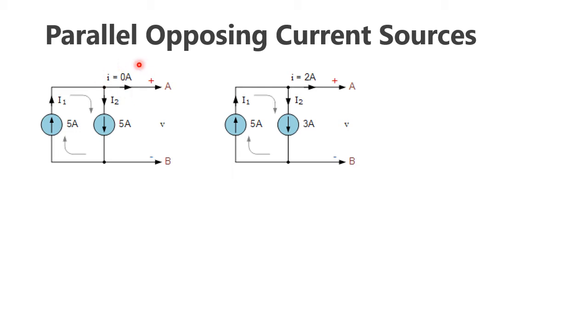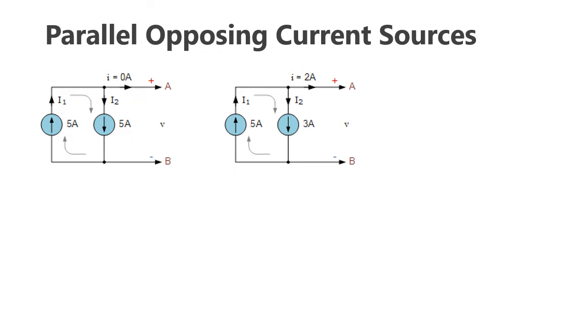So the resultant current should be calculated as follows. I1 is 5 ampere, and I2 is the same value as I1, which means 5 ampere. At this node, according to Kirchhoff's current law, I1 is coming towards the node, I2 is leaving the node, and the resultant current I is also leaving the node.